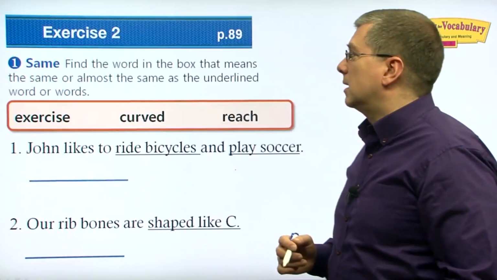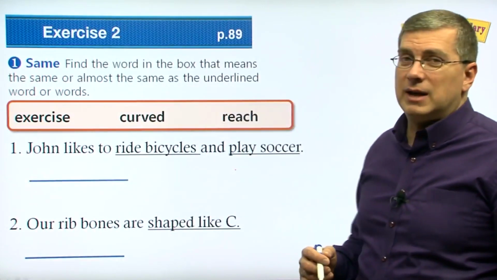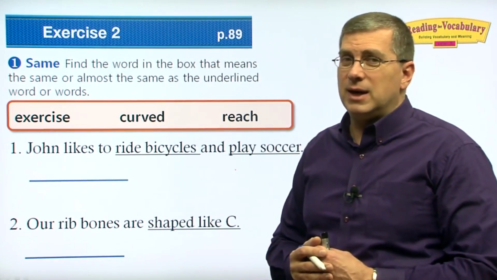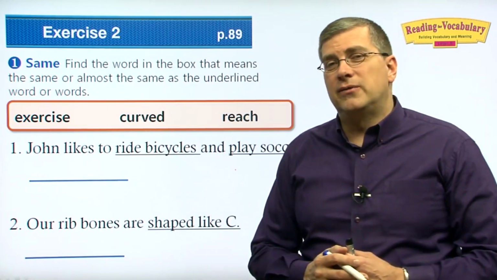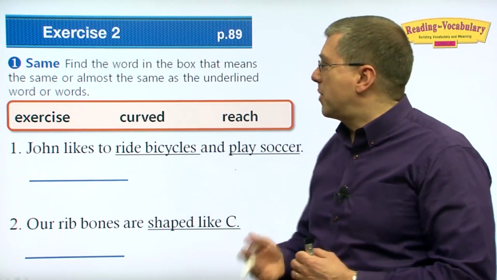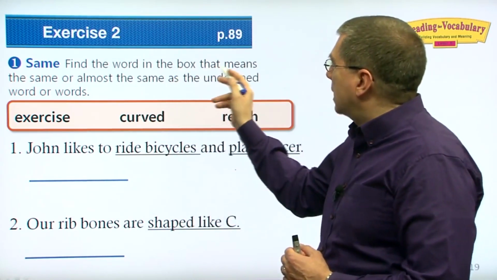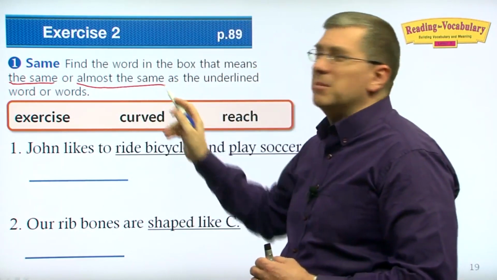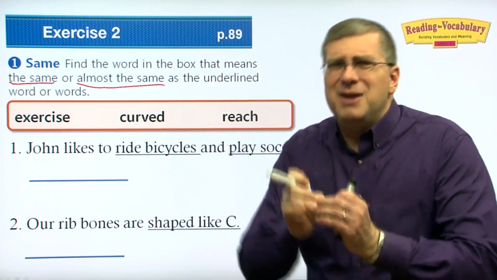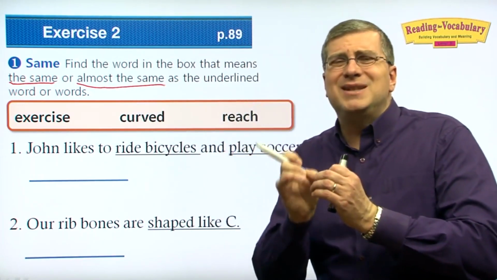Okay, let's go over the vocabulary exercises. We have a little bit of different exercises this time. In the first part, we're going to find words that mean the same thing. Find the word in the box that means the same or almost the same. Maybe not exactly the same, but similar. Bistandeo.